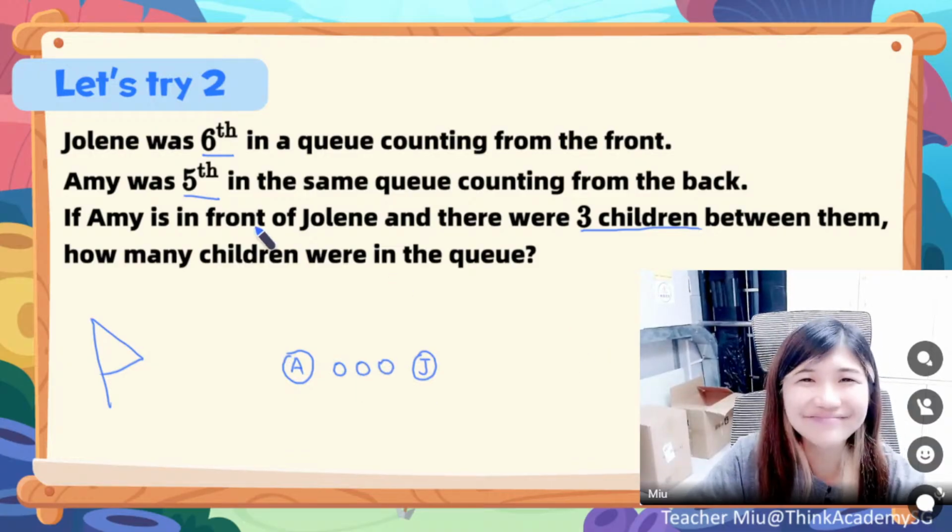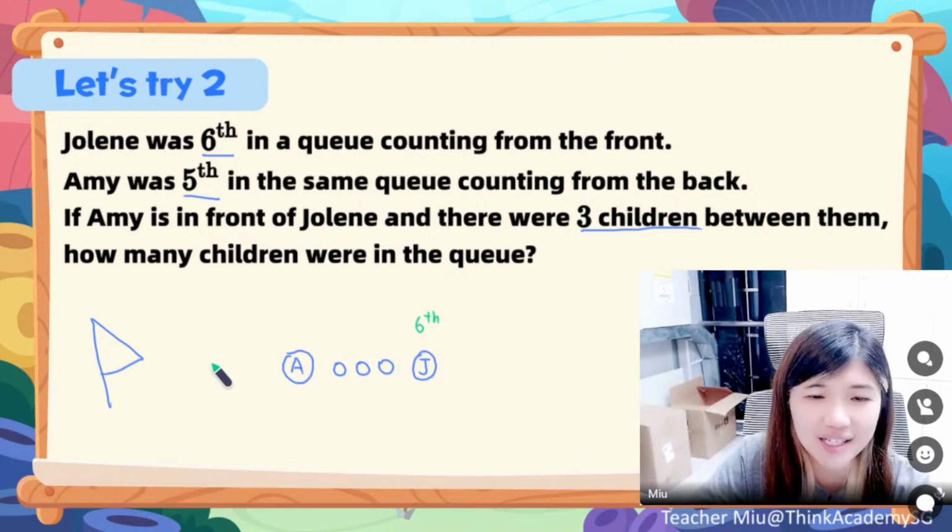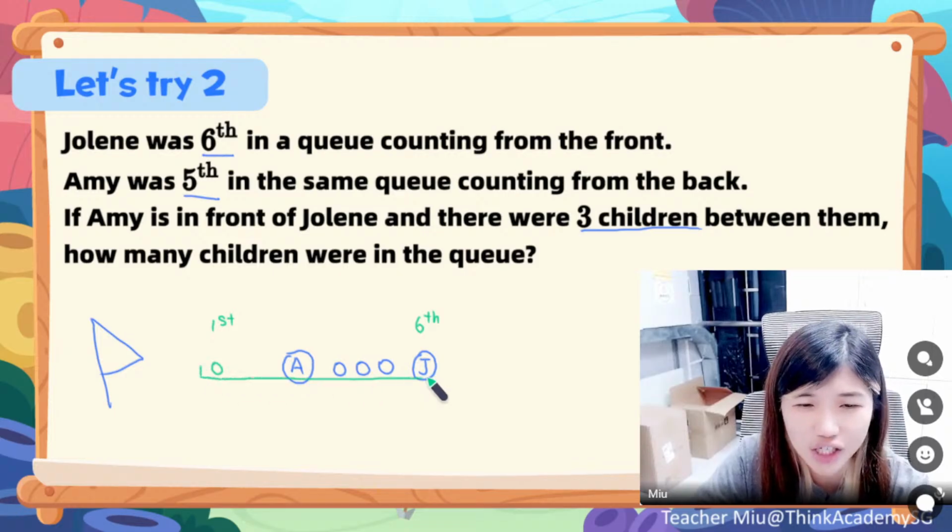Then let's continue. It says Jolene was the sixth counting from the front, which means this is the sixth, Jolene, all the way to the first from the front. So for the green color bench, there are six people, right?